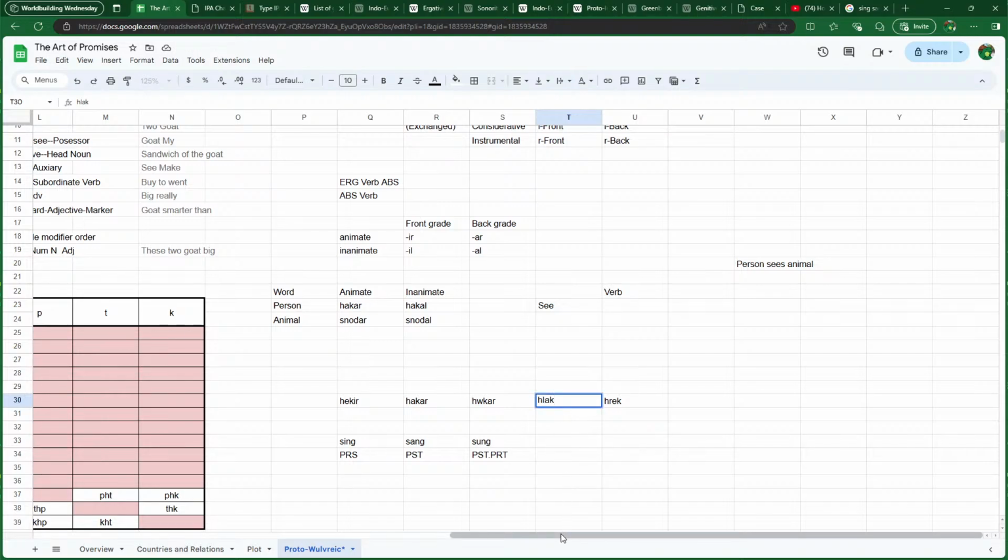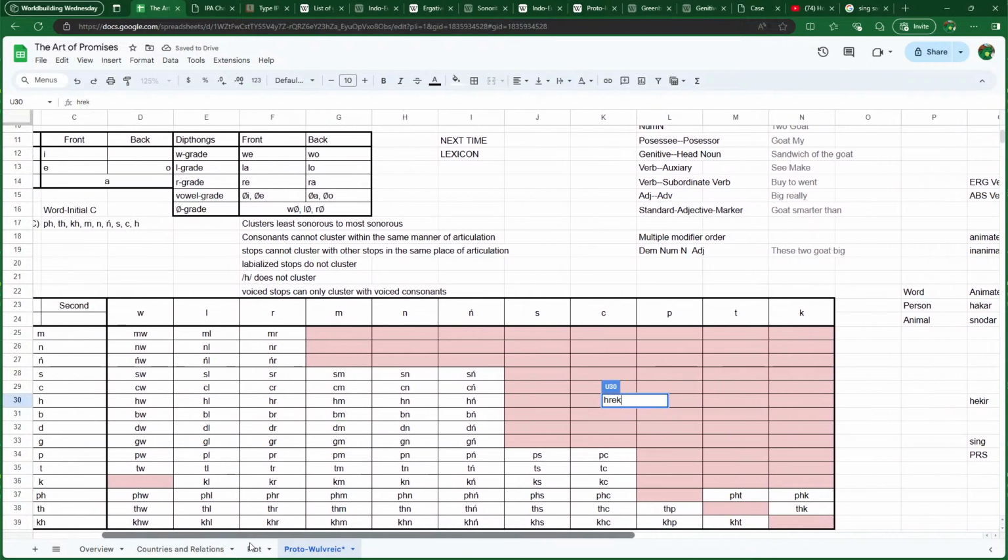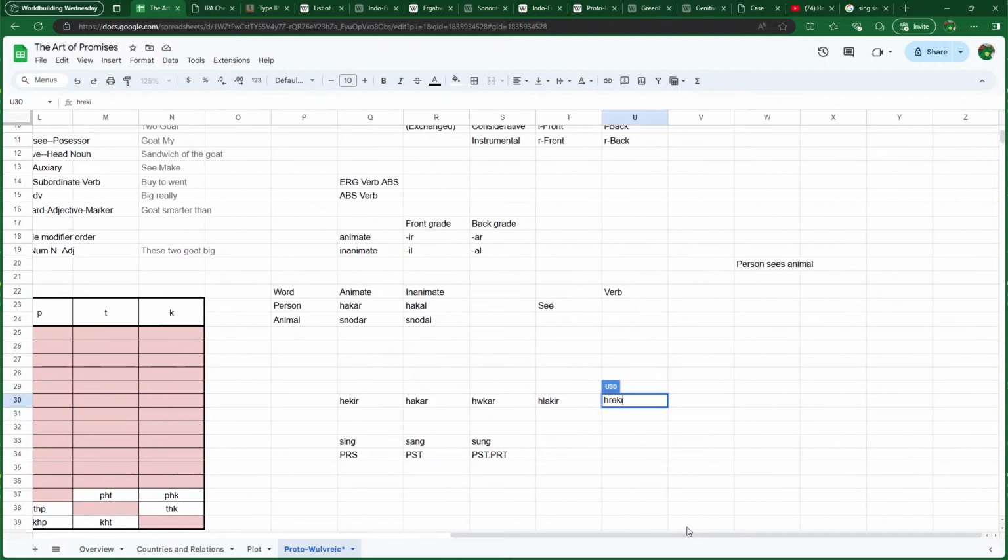This is actually technically front, so Hakir, and then this is also front. So Hrekir. So Hekir, Hakar, Hwakar, Hlakir, Hrekir.